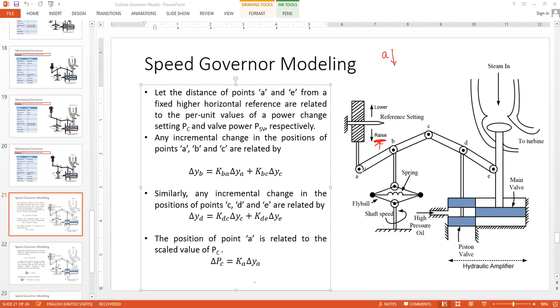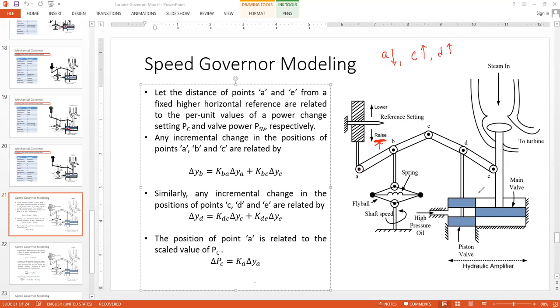That's why I'm asking the question. There is no direct relation of A and B, at least at the beginning phase. Ultimately, B gets affected. So as A goes down, shaft speed remains fixed. C goes up. Remember, C goes up. If C goes up, D also goes up.